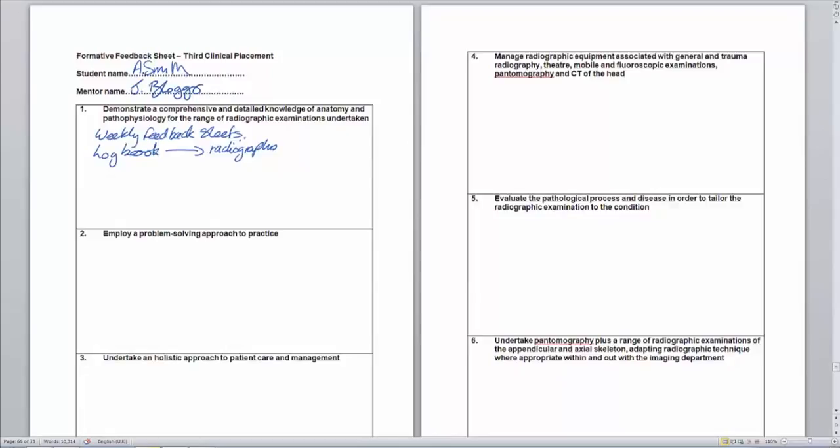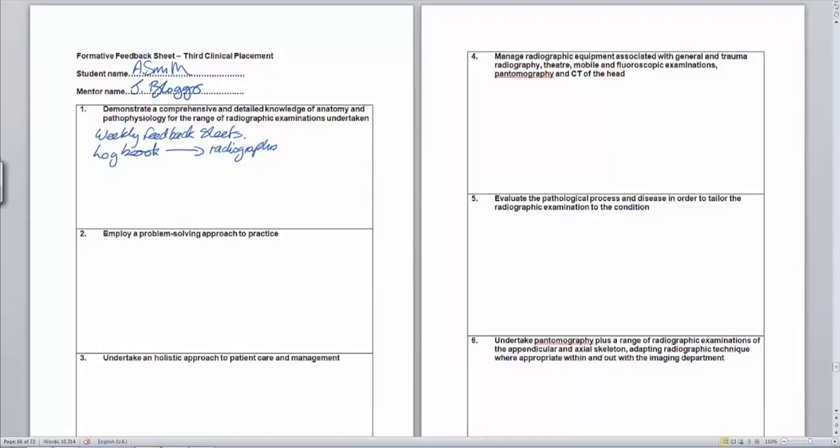Perhaps as well think about getting some rejected radiographs and throwing them into the mix as well, and getting the student to think about would they repeat or would they not. Remember, this whole third clinical placement is around developing the students' skills so that they become first post competent.